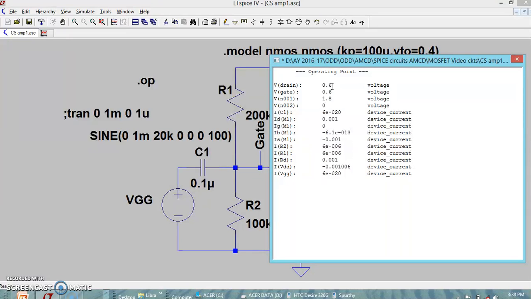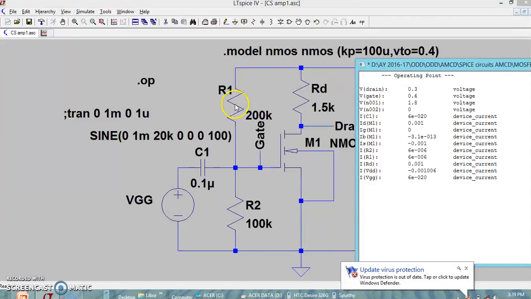Because 0.2 is nothing but VDS sat. Here VGS is equal to 0.6, that is this gate voltage, and our threshold voltage is 0.4, the difference is 0.2. As long as VDS remains at 0.2 volts or more, I'm going to get a current of 1 milliampere. Let me slightly increase this RD further and then again check the value of ID.